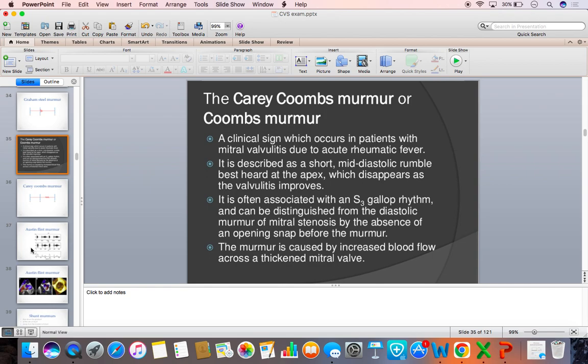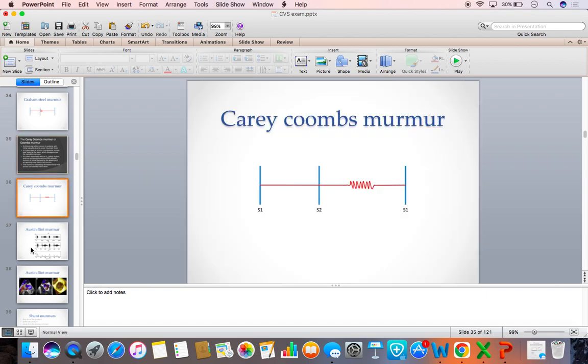It disappears with the disappearance of the inflammation following steroid administration in mitral valvulitis. This is Carey-Coombs murmur, mid-diastolic in nature, soft and low-pitched.